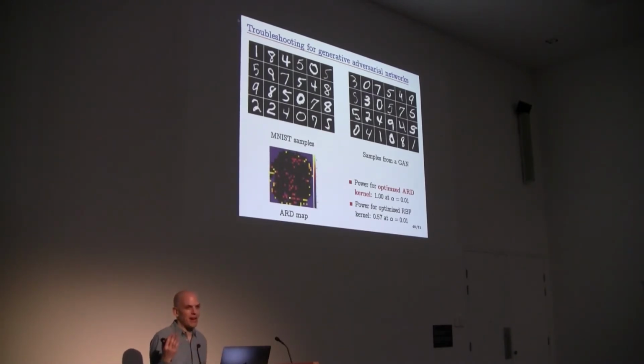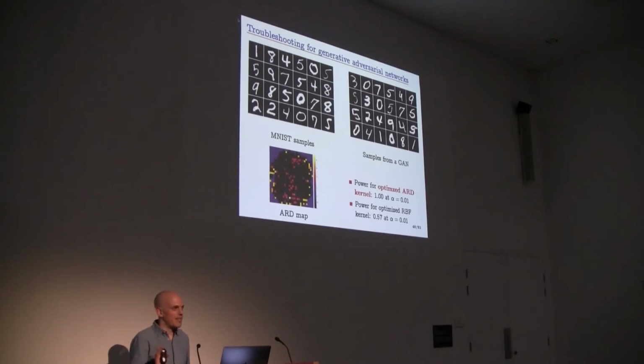Our false negative rate is a lot higher. This map shows the relevant pixels, and it's quite neat because you can see a line down the middle and a ring around the outside. These are the pixels at which the GAN gets it different to MNIST.